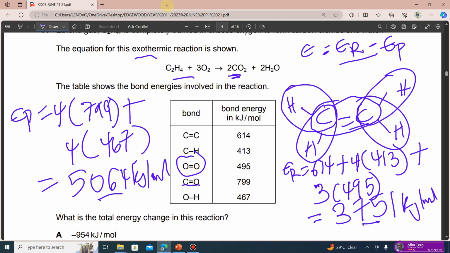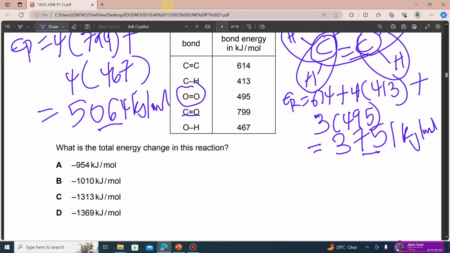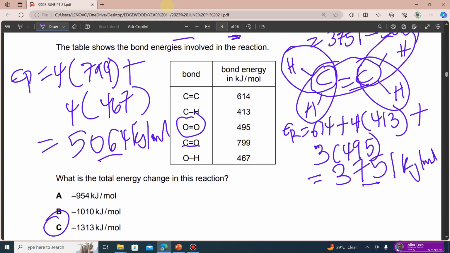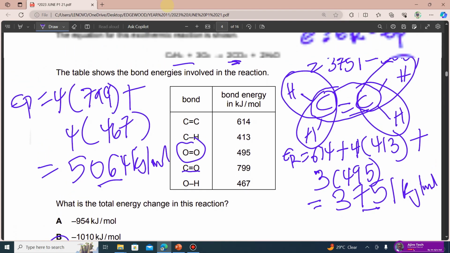It's going to be 3751, the energy of the reactants, minus that of the products, 5064. If you use your calculator, what I have here is minus 1313 kilojoule per mole. That is how to compute that. Watch it again to get what was done in the question, and be careful of how to pick out the bonds.